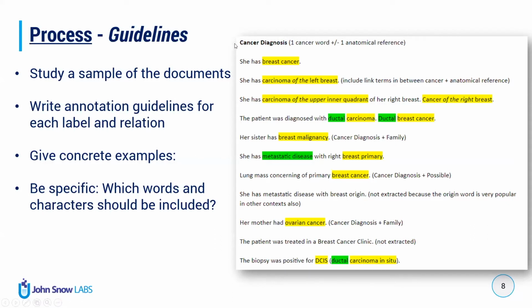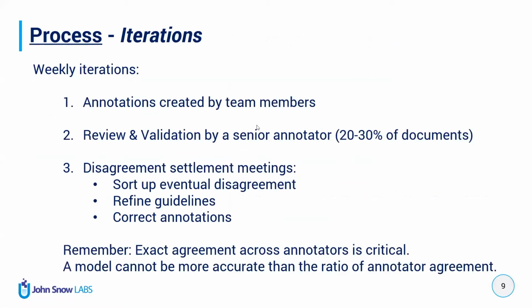So it's a very good practice to go into this much detail with very clear and concrete examples and be very specific regarding the words and the characters that should be included in the labeling process. Okay, another very important thing is to treat this process as an iterative process, and we have settled on weekly iterations.